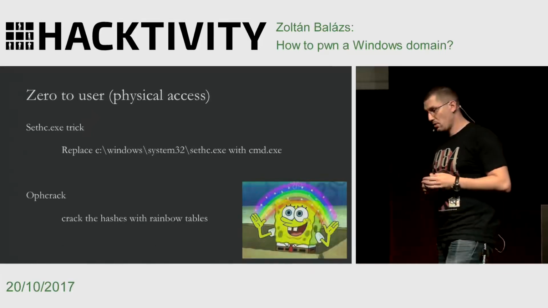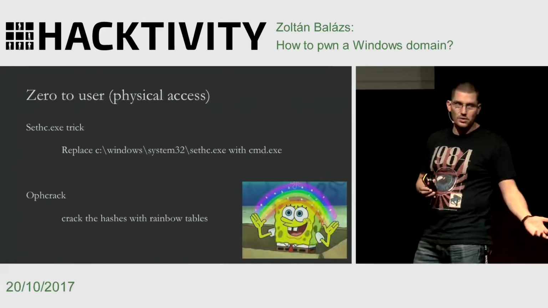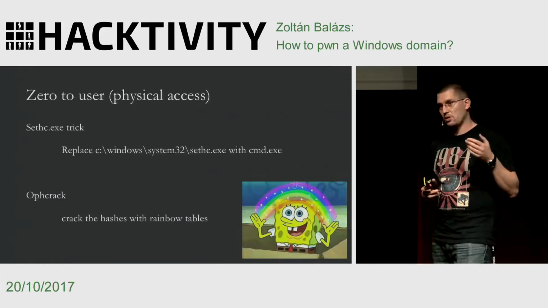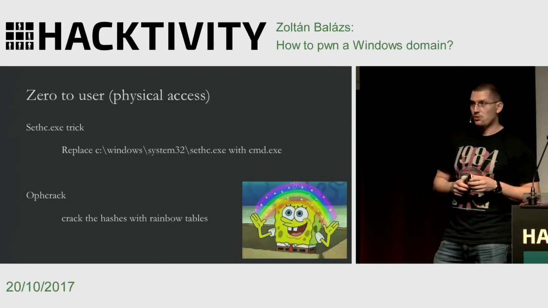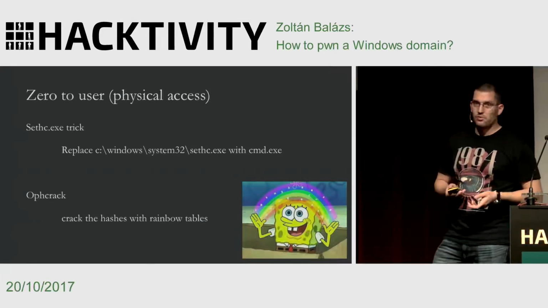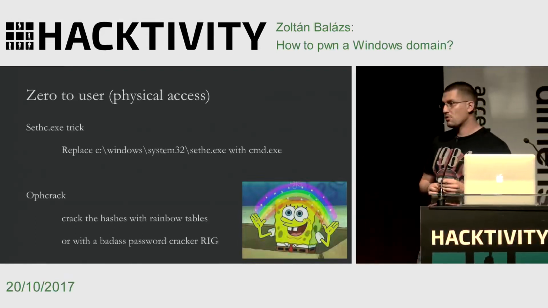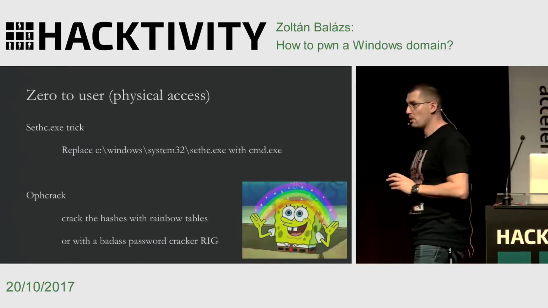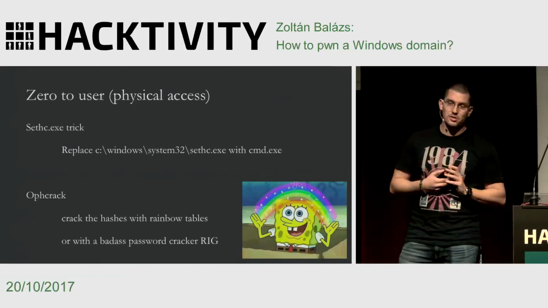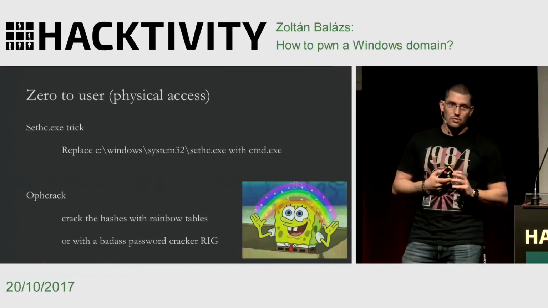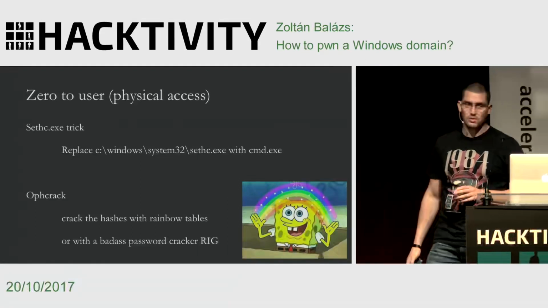Another attack is that you boot a tool, something like OphCrack or something else, which can extract the local user hashes from the machine. And after that, you can use something like rainbow tables to crack the passwords. But it turns out that nowadays even rainbow tables are slow. And if you have a really badass computer with a lot of GPU, then you can have better results with that.